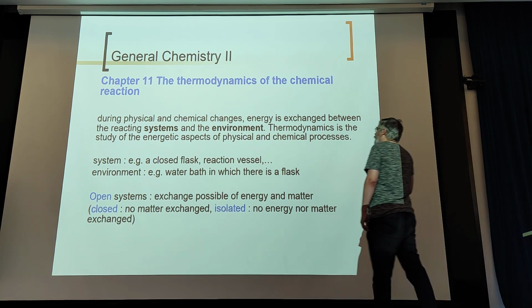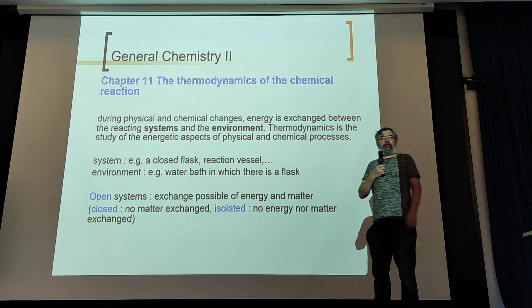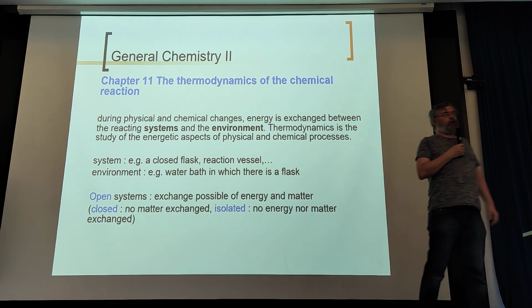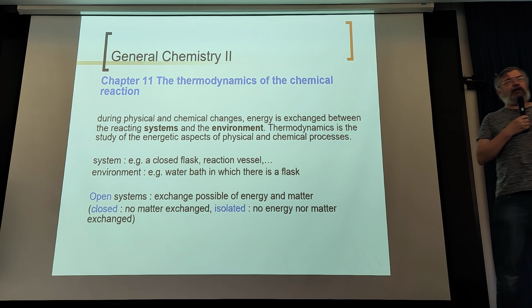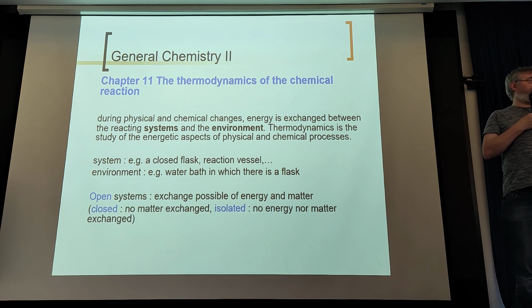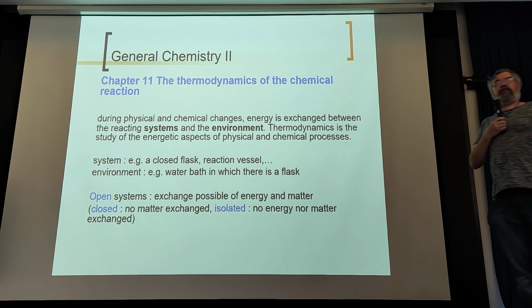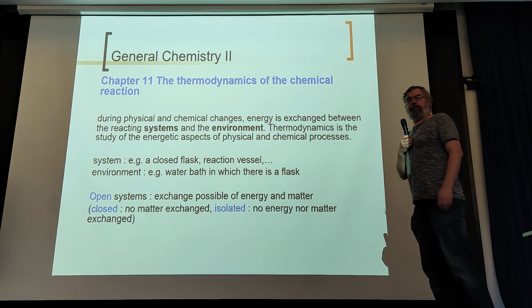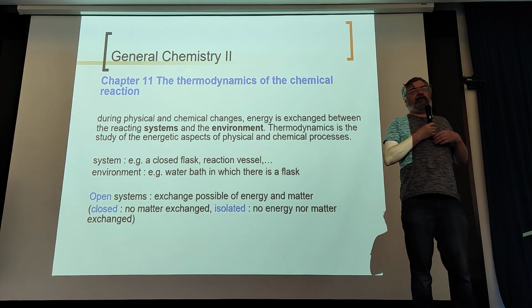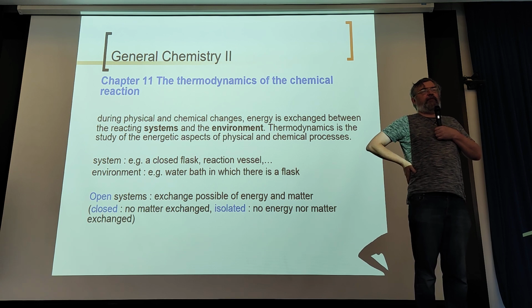Thermodynamics has to do with energy. As a result of a chemical process, there may be some exchanges of energy. And we can consider two parts. One part being the system, and the other part being the environment.